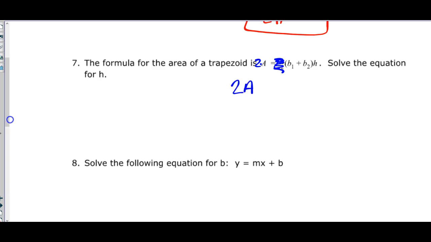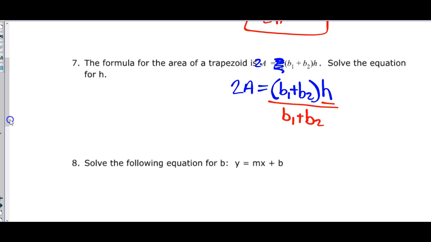So 2A equals (B1 plus B2) times H. So think to yourself, what is happening to H in this equation? H right here is being multiplied by B1 plus B2. If I want to unmultiply, I divide by B1 plus B2.